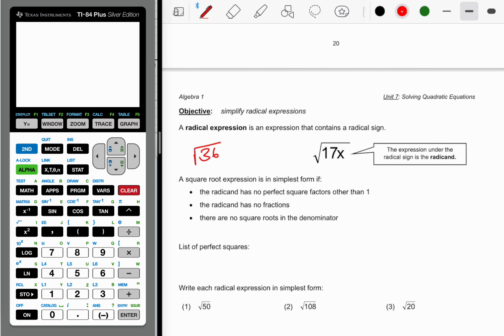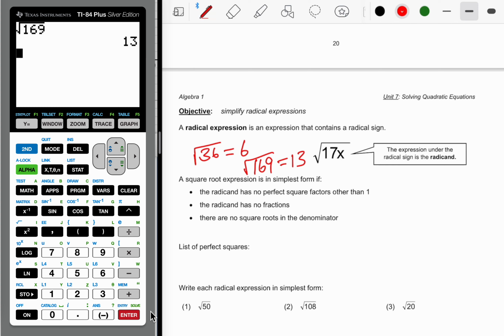That's just 6. But if you're not sure, because maybe you have something like the square root of 169, you're like, oh, I don't know about that one. So you pop it into a calculator and take a look real quick, and you see that that's also perfect.